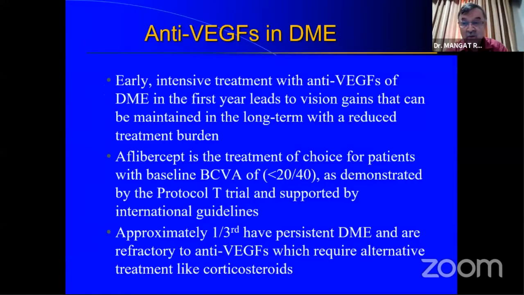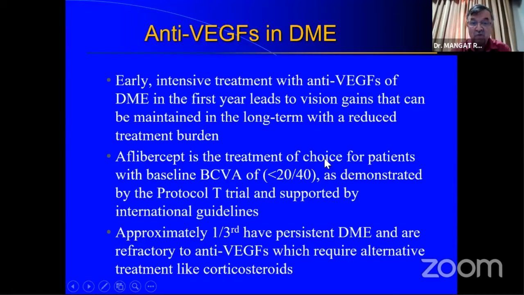As far as anti-VEGFs are concerned, early intensive treatment in the first year leads to vision gain that can be maintained over a long period of time, and it may also reduce the treatment burden. We know that in subsequent years, even if we have not treated that intensively, the injections required are much fewer.